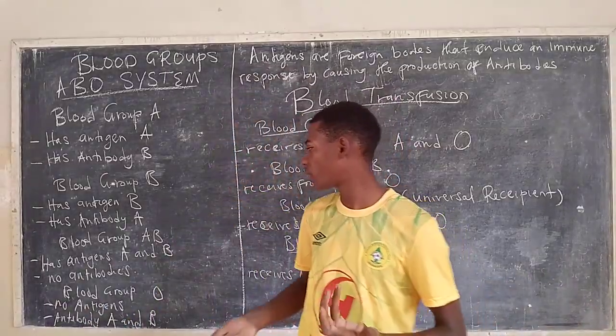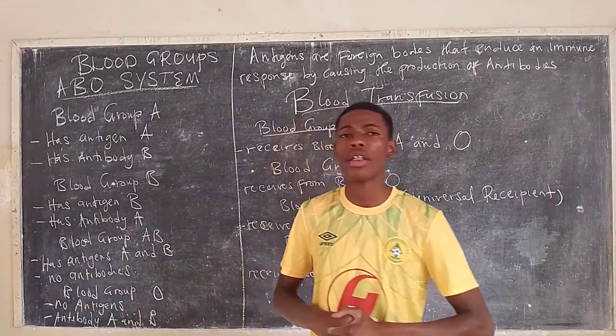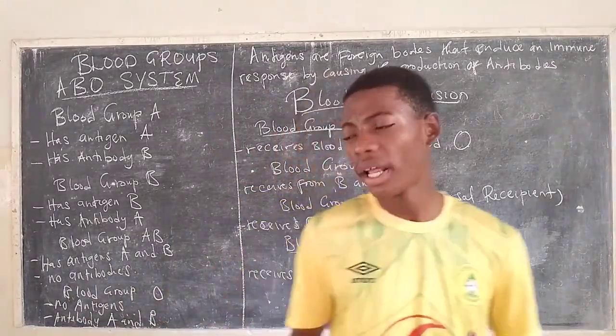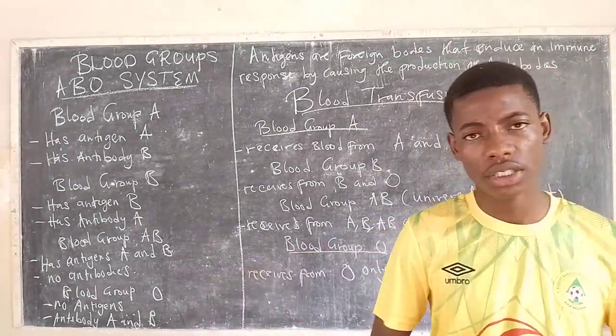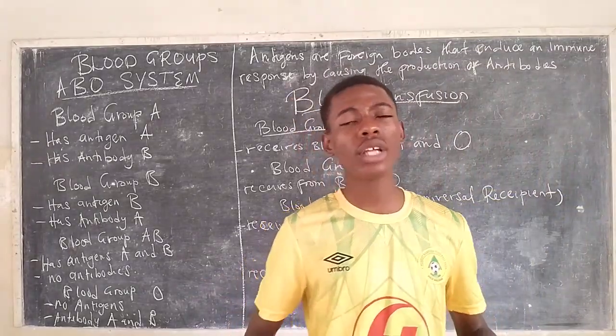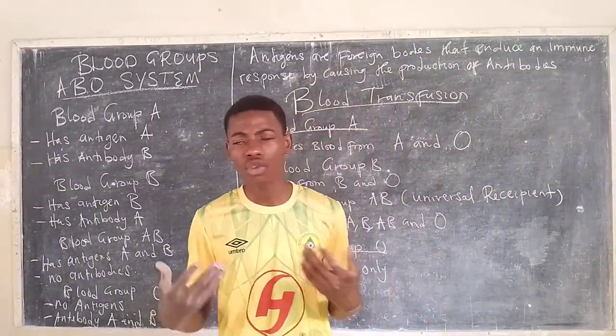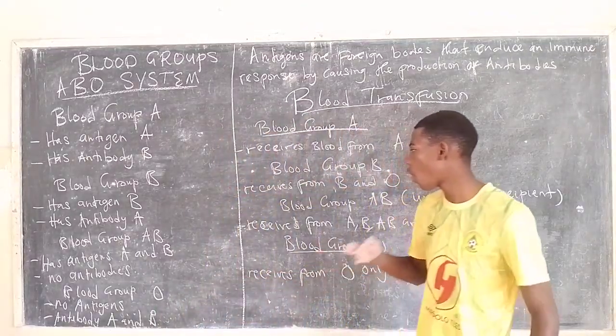A person can receive blood from blood group O because O does not have any antigens. So a person may receive from O and A.